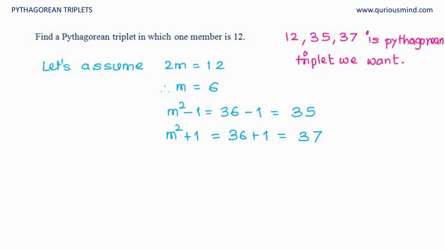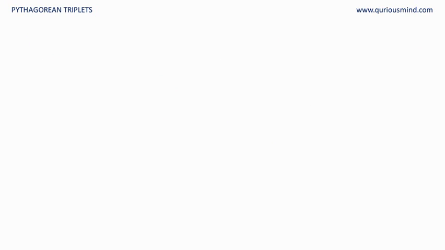Okay, so we have seen that we can get a Pythagorean triplet using 2m, m square minus 1 and m square plus 1. But let me tell you that that is not the only way to find a Pythagorean triplet. There are Pythagorean triplets which do not follow this rule. This is just one rule to get Pythagorean triplets. When we looked at patterns exhibited by square numbers, we saw one pattern related to squares of odd numbers.